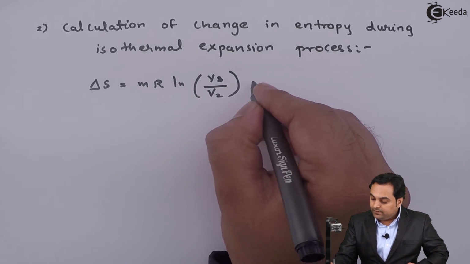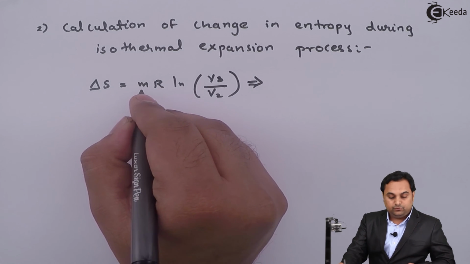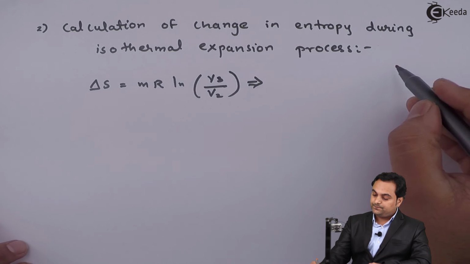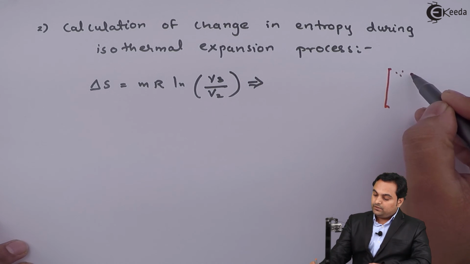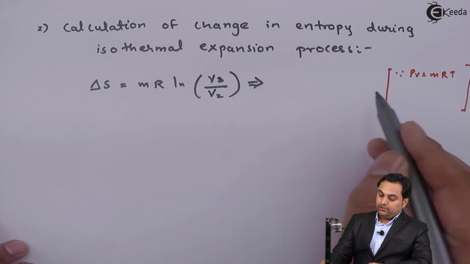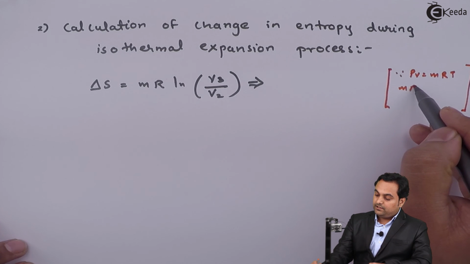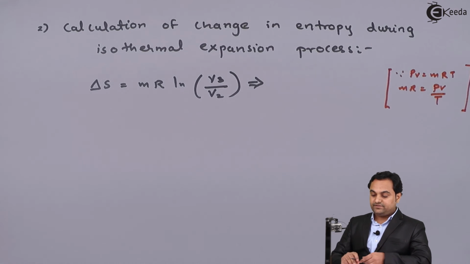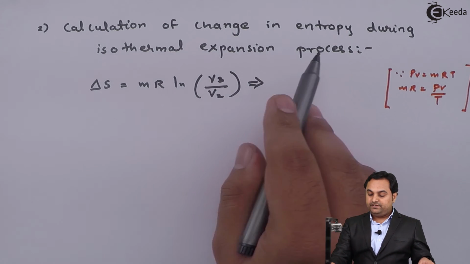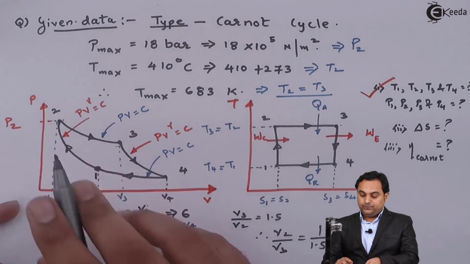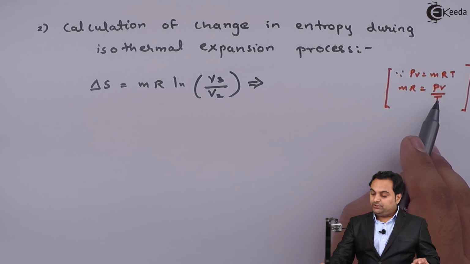Next, here instead of mR, since we don't know the mass, I'll use a small concept: since PV is equal to mRT, called the characteristic gas equation, mR will be equal to PV upon T. And this we have to write for the first state, that is since the process is from 2 to 3, I'll write down P2V2 upon T2.